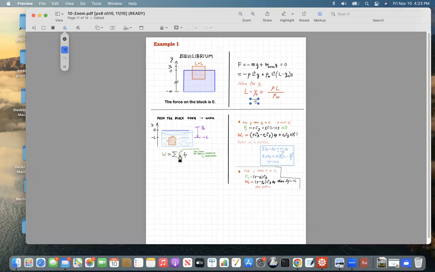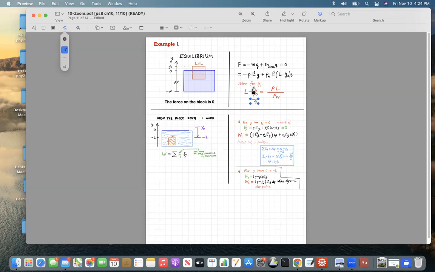So you have to sum F sub Y delta Y, where F sub Y is the force you exert to hold the block at a coordinate Y, and delta Y is the extra amount you're pushing it down, and you have to sum over all of those little sections of the complete length from Y naught to minus L. I mean, the complete displacement. Actually, it'd be the complete coordinate of the upper surface, starting at Y0 and ending up at minus L.